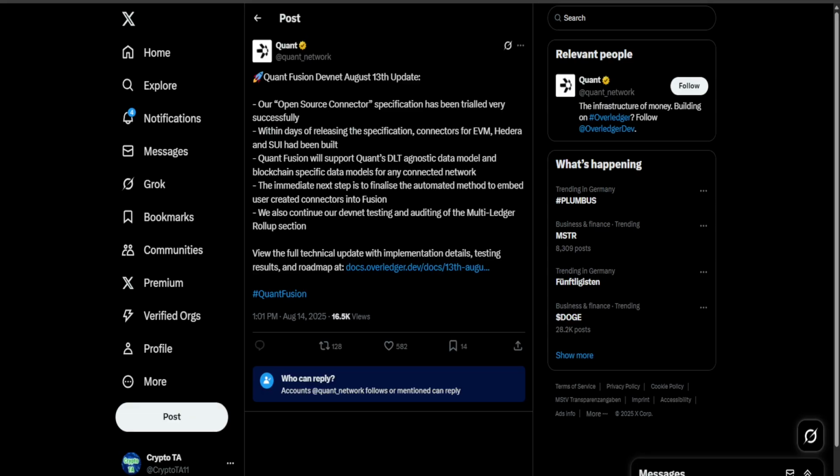Now, another technical highlight that was mentioned in this important tweet was the fact that Fusion supports two types of data models. Number one, a DLT agnostic model, which is basically like a universal format that works across different blockchains.